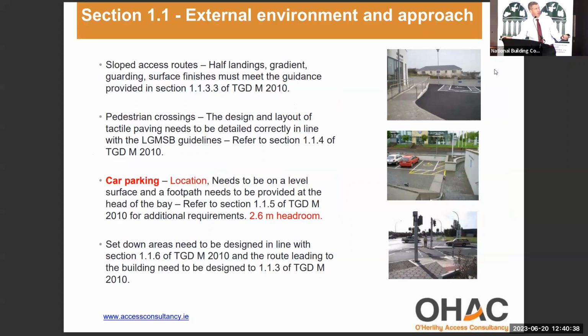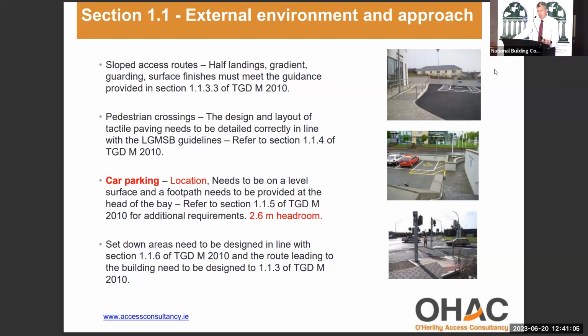The second example there is of a car parking bay, and again, you don't have the hatched area on all sides, but also I'm standing up at the top here where the photograph's been taken. So it's going to be very difficult for someone with reduced mobility to get up to this point to get into the building and so on. So again, back to the provision and the location. So I always say to people, think about the provision, the location and the design when you're assessing your applications, but also out on site.